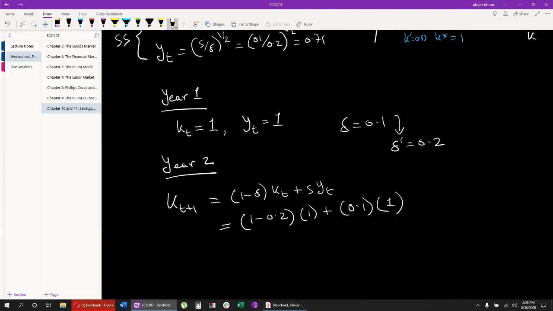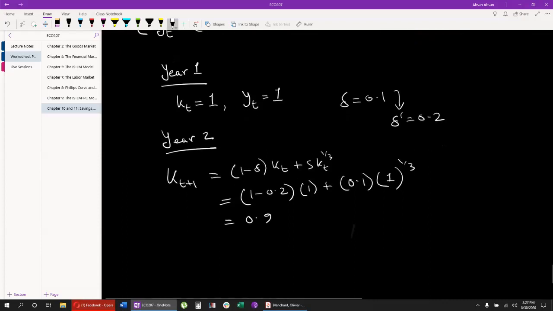Instead of Y_t, we can write Y_t as K_t to the power 1/3. If we use the calculator, we get 0.8 plus 0.1, so 0.9.